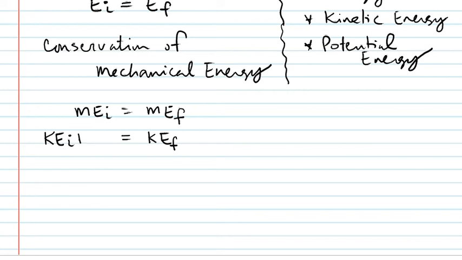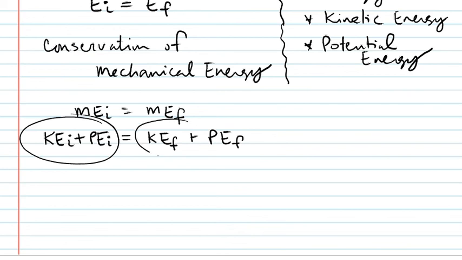If there's a potential energy involved, then we'd also have the initial potential energy, and we'd also have the final potential energy. So in essence, we want to take all the energies that are involved, sum them together to get the total initial energy, sum them together to get the total final energy, mechanical energy in this case, and that can lead to a very useful equation which shows up in the examples that relate to this.